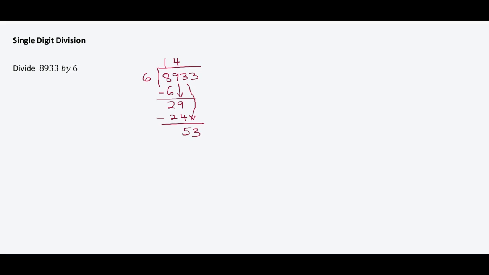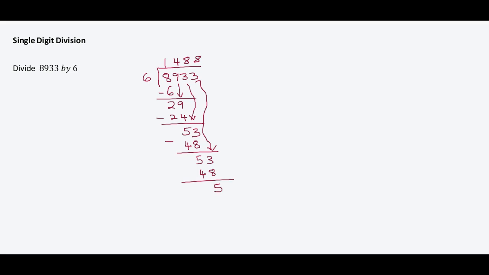53 divided by 6, we're going to have 8 groups. 8 times 6 is 48. We subtract again. 53 minus 48, we have 5. Now we have another 3 that we have to bring down. 53 divided by 6, we have 8 again. 8 times 6, we have 48, and we have a remainder of 5.